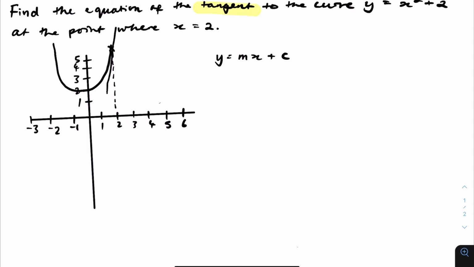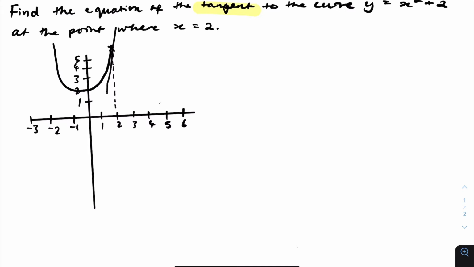So the reason differentiation is used here is because if you were to differentiate mx plus c, you would just get m, which means that by differentiating this function over here, we can find the gradient of this tangent. So let's do that right now.